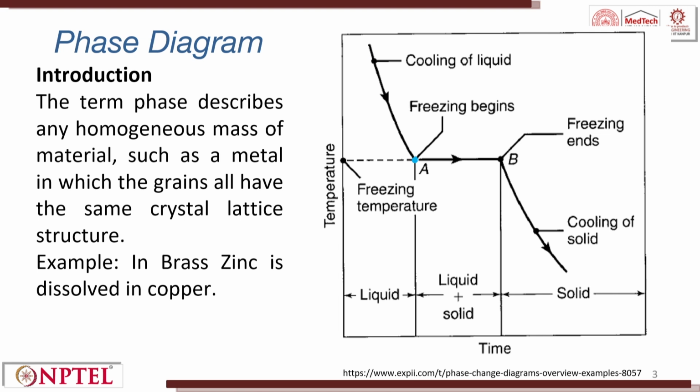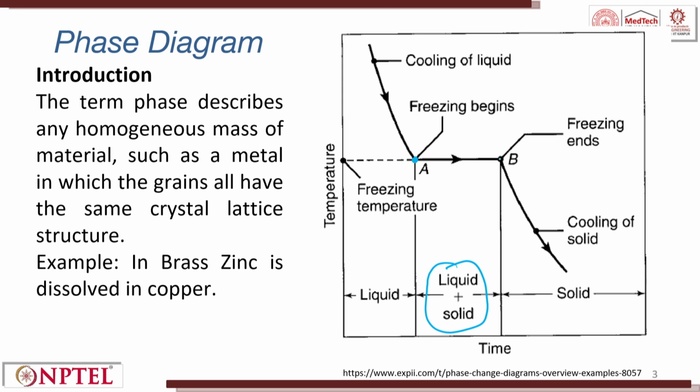Above this, when you take it to a higher temperature, the metal will be in liquid form. Then after this point, it starts solidifying. When it starts solidifying, you will have liquid plus solid.